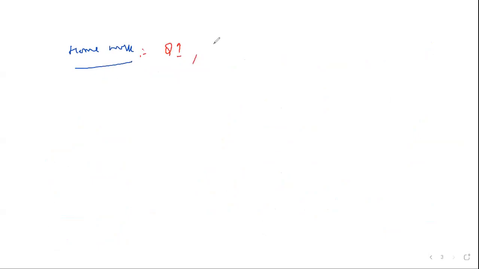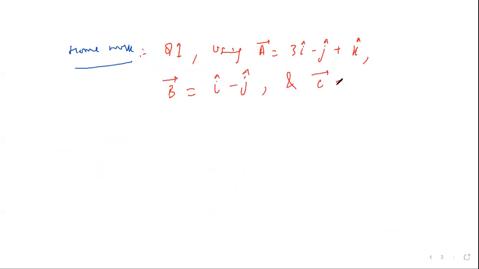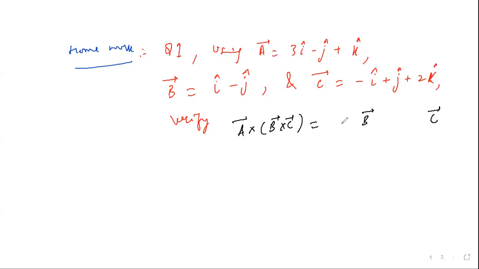The question is, using A equal to 3i cap minus j cap plus k cap, B equal to i cap minus j cap, and C equal to minus i plus j plus 2k, verify this BAC-CAB rule, that is A cross B cross C is equal to B times A dot C minus C times A dot B, right?